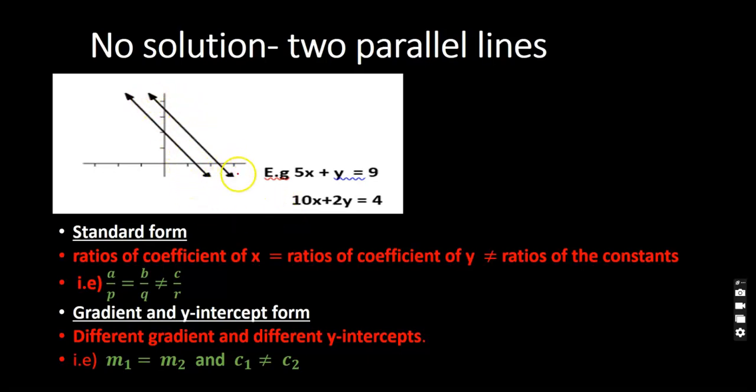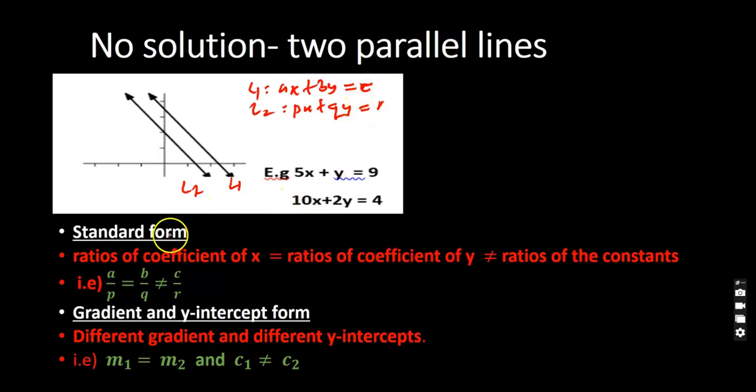If this is line 1, like you said, and this is line 2, don't forget that line 1 was ax plus by equals r, and line 2 was px plus qy equals c. Actually, this was c.